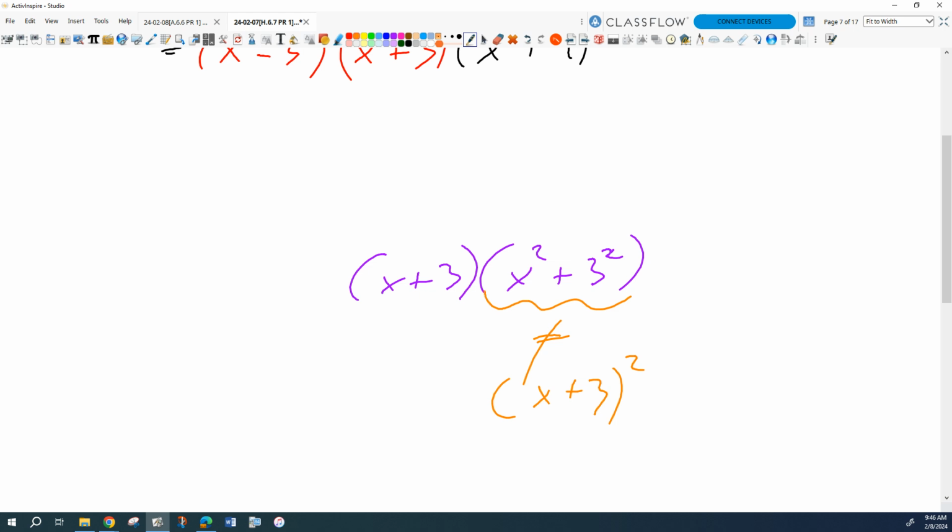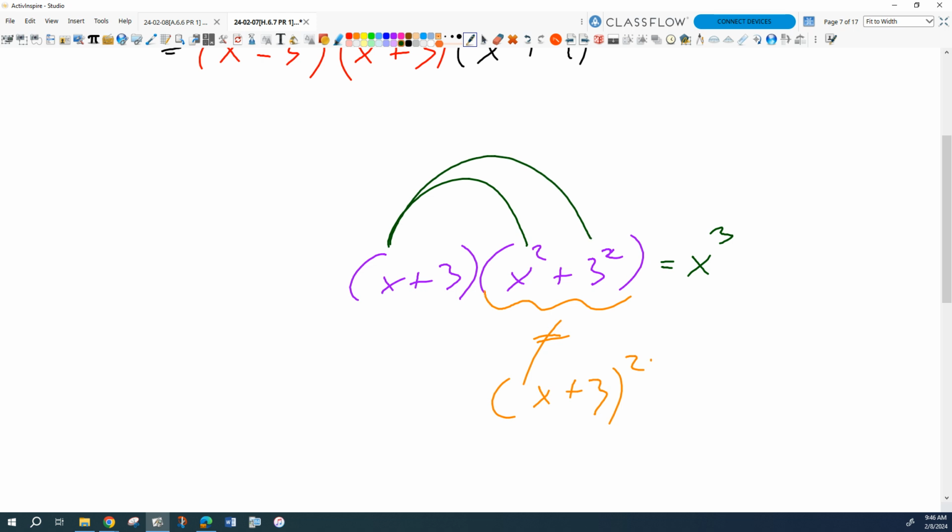If this were x plus 3 quantity squared, multiplying by another x plus 3 would be x plus 3 cubed. Okay, that makes sense? But I can't combine them that way. If I were to multiply these out, let's just see what would happen. If I were to distribute these, I would distribute that x, which is going to give me an x cubed.